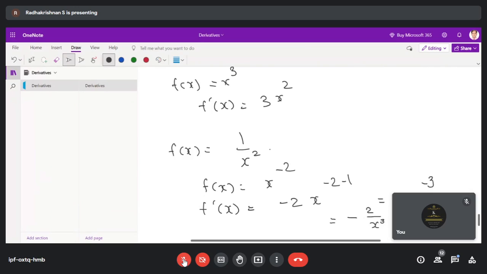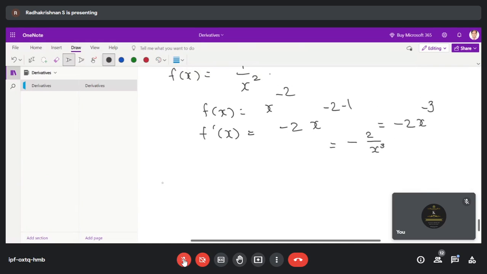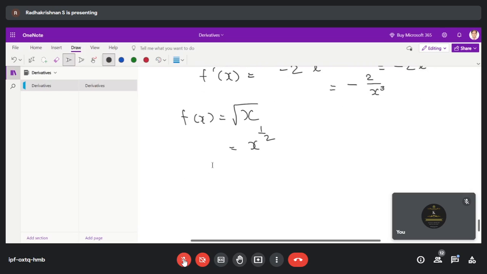Clear, right? In the same way, when n is a fraction, let's say square root of x, we can apply the same rule. Root of x is equal to x power half. So here n is half, and we apply n x power n minus 1.